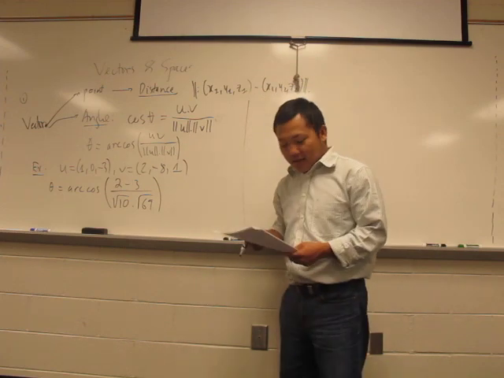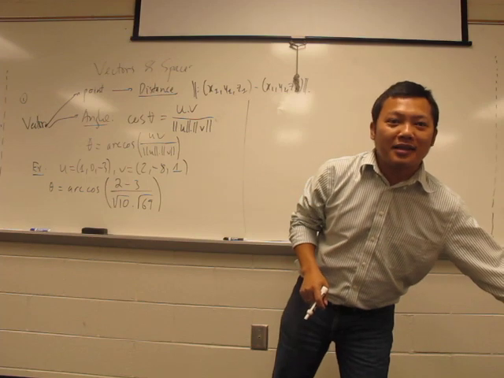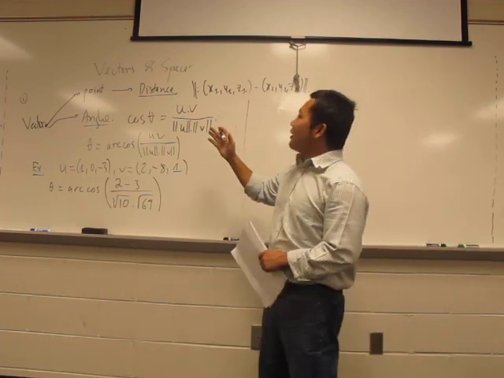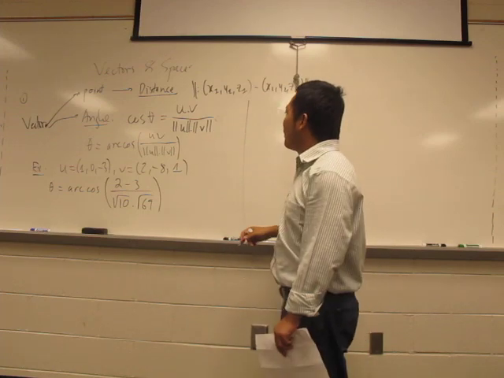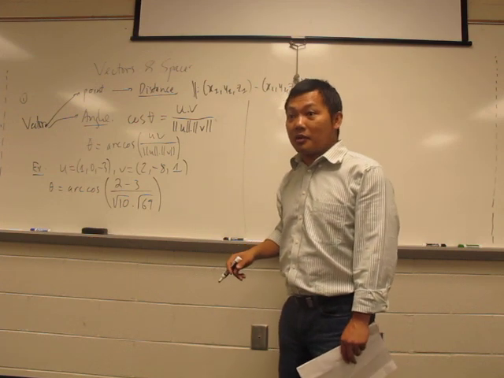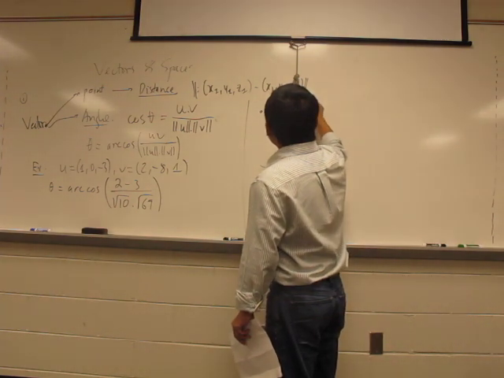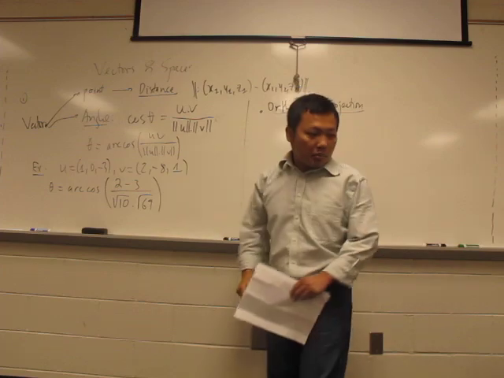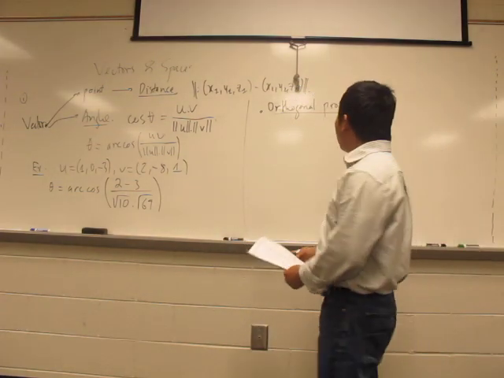Okay. What is next in this chapter? If you have two vectors, you are interested in the angle, and what else? Projection, right? Orthogonal projection of one onto another.